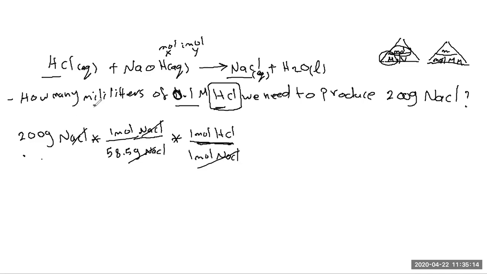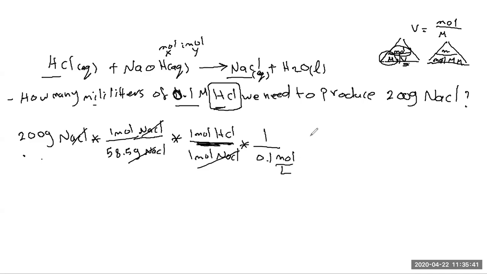Now they are asking for the volume. Volume equals mole divided by the molarity. So here the mole is in the numerator, so just times 1 divided by molarity, which is 0.1 molar, which is mole divided by liter.